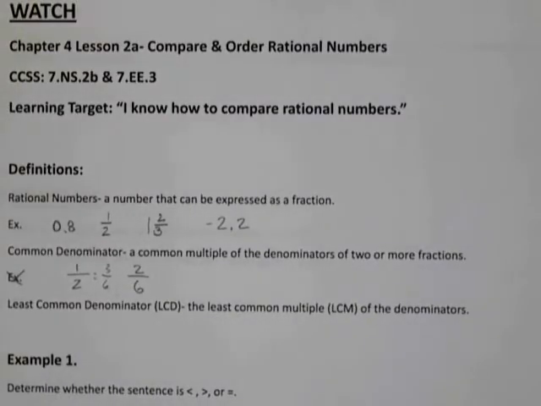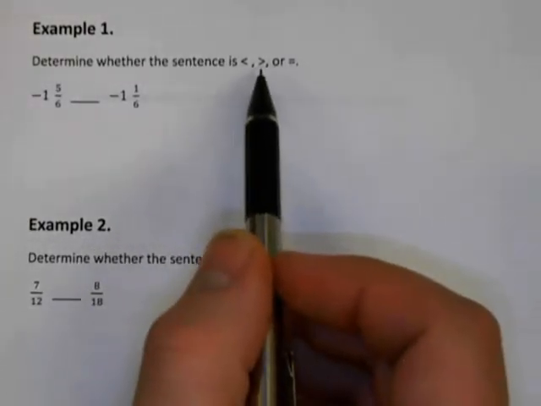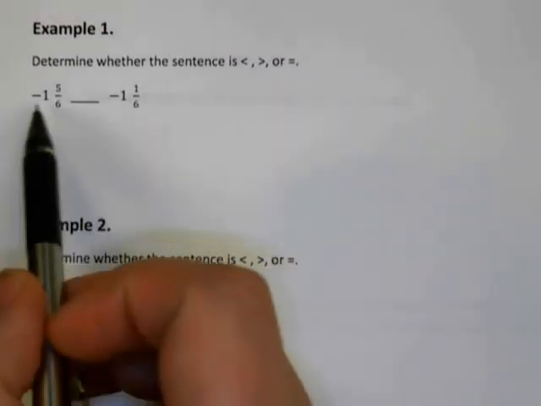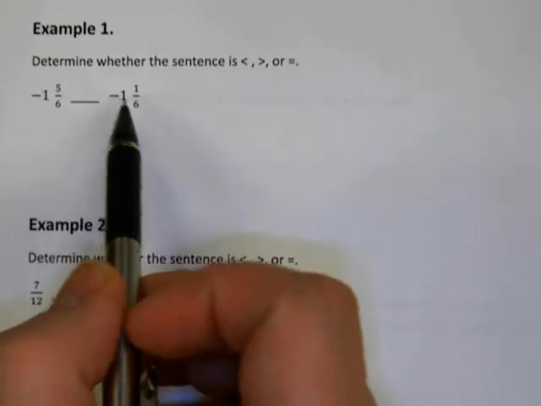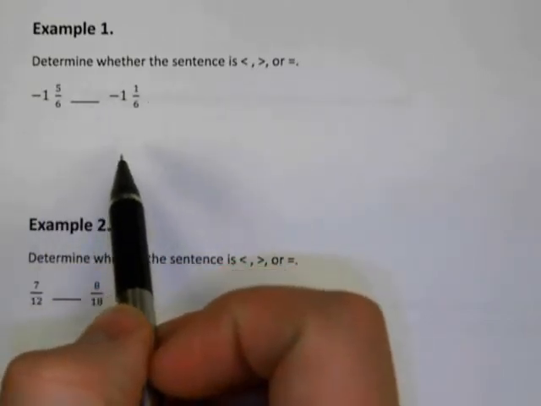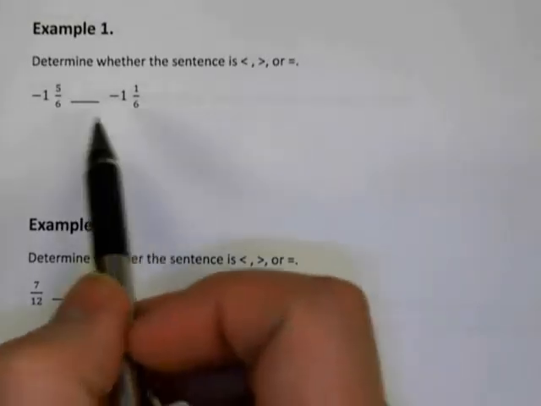So let's get going on some examples. Example 1 says, determine whether the sentence is greater than, less than, or equal to. We have these two numbers, negative 1 5/6 and negative 1 1/6. When we're working with negative numbers, sometimes it's a little confusing which one is actually larger.